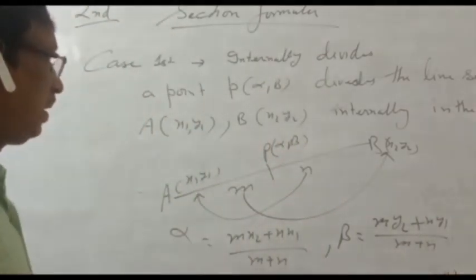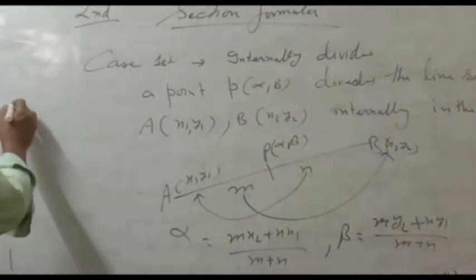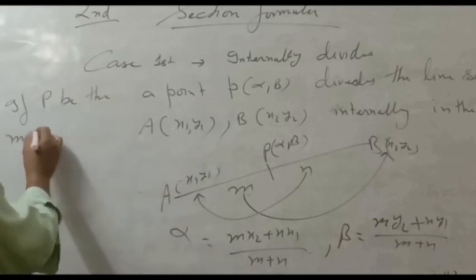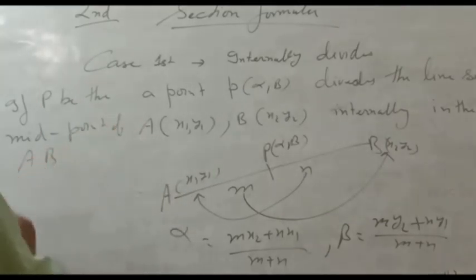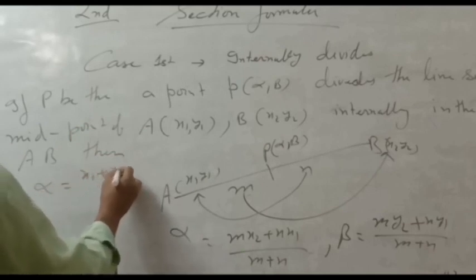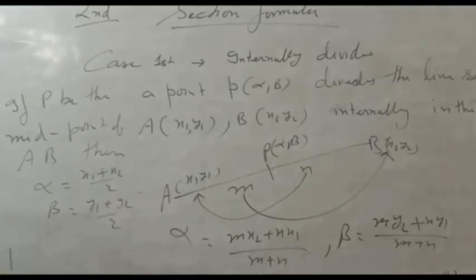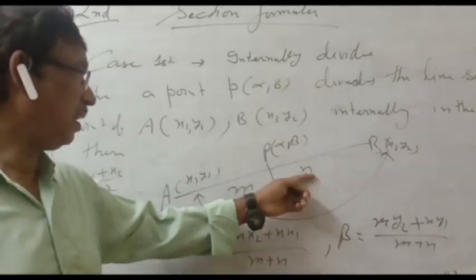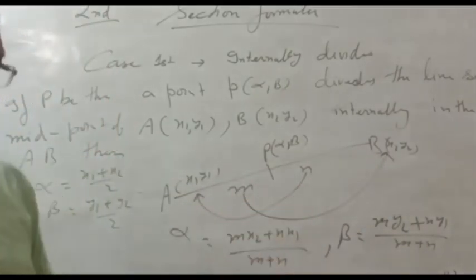If P is the midpoint of AB, then alpha is equal to x1 plus x2 by 2, and beta is equal to y1 plus y2 by 2. Here we take x1 with n and x2 with m, on opposite sides.